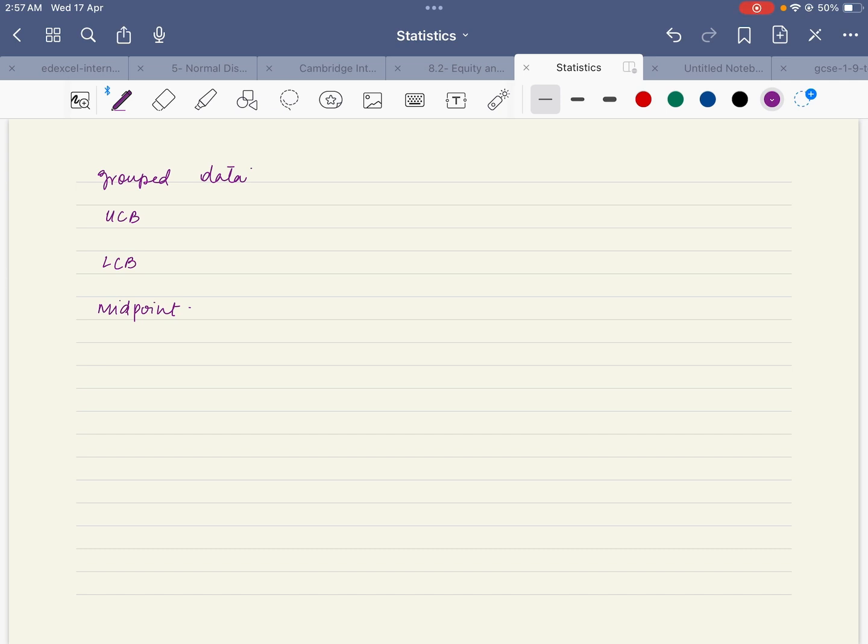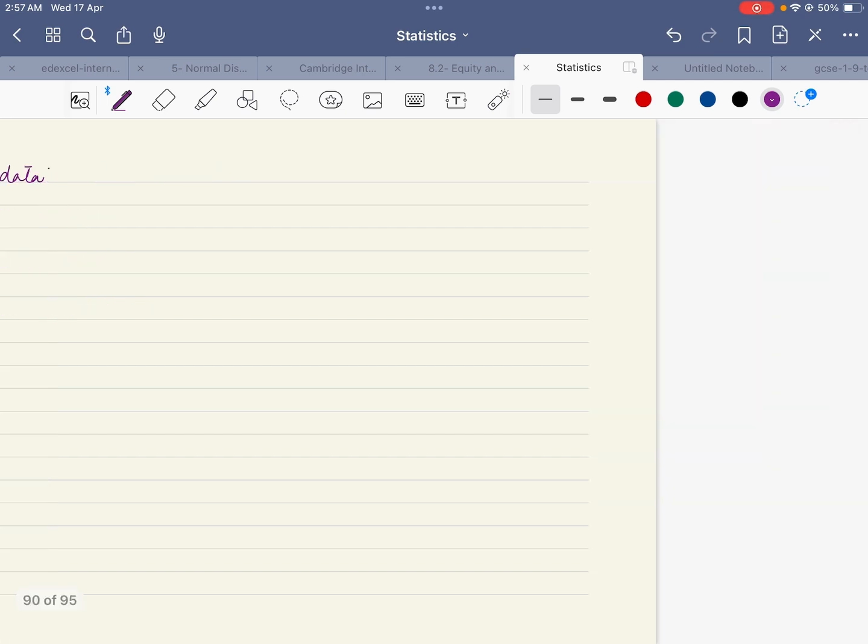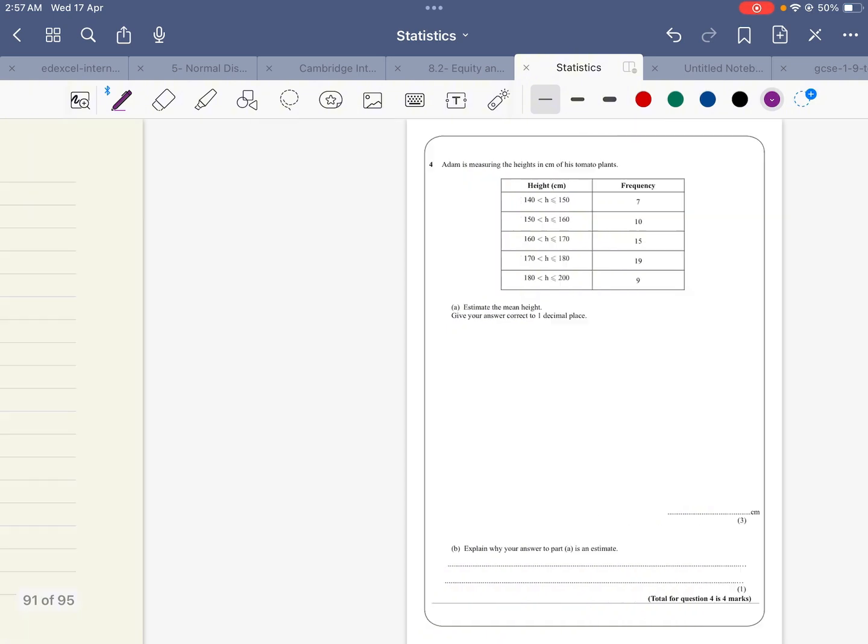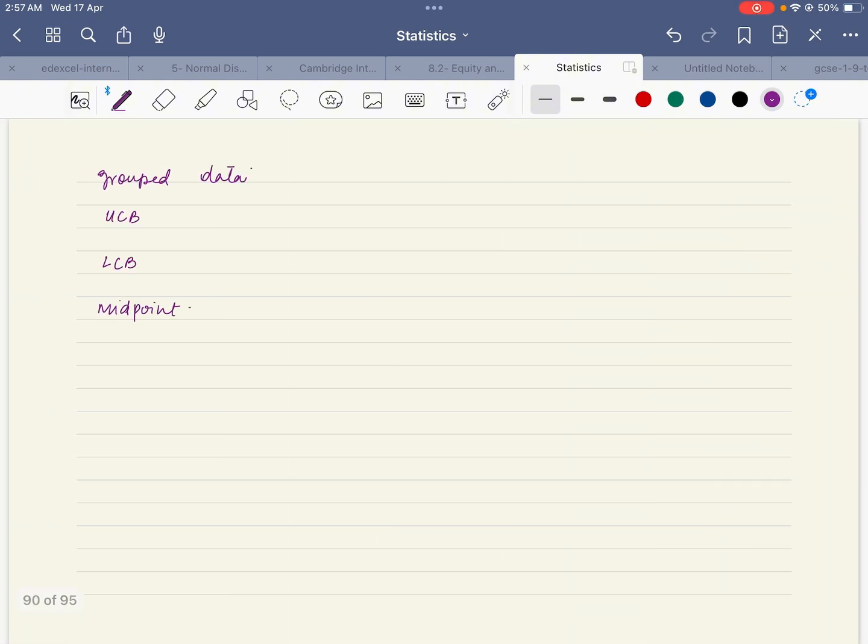grouped data. For grouped data you have the upper class boundary and lower class boundary that I have already explained to you. If boundaries are not there, you will make boundaries. For example, if some data is like this, 130 is less than x is less than or equal to 139, sorry, 129 and 139.